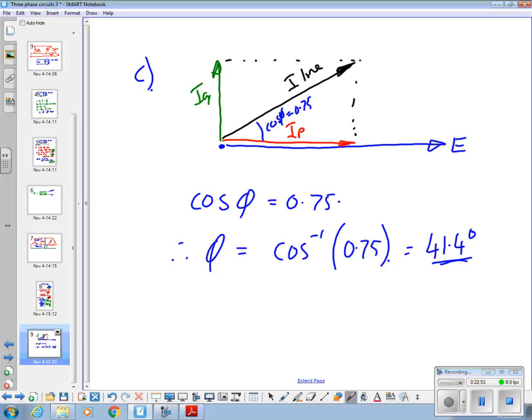What I want you to do is see if you can draw a power triangle, which is effectively two power triangles, one showing the old situation and then showing the new. So one's going to show the old S and the new S, and label that up, so you're showing the difference between without the power factor correction and with the power factor correction. See if you can do that.